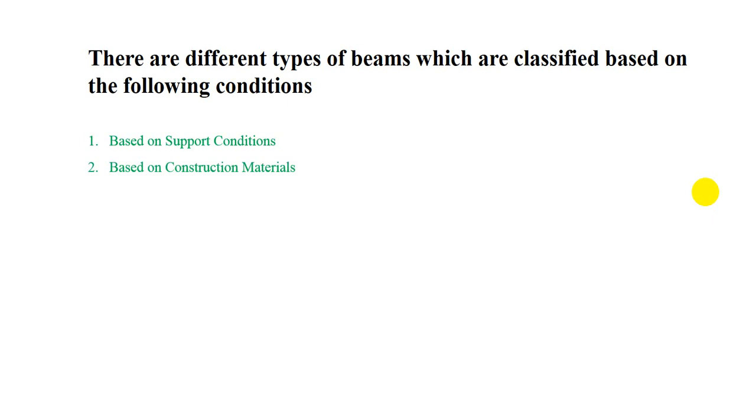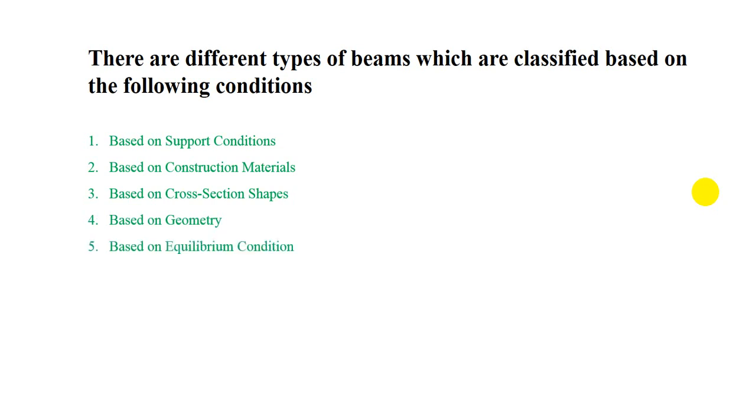Then based on construction material, which types of material are used in the beam. Then based on cross-sectional shape, which types of cross-sectional shape are available for design. And based on geometry, according to beam geometry, and based on equilibrium condition, according to its reaction.